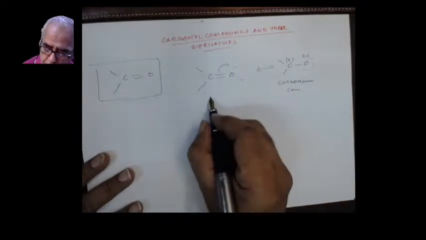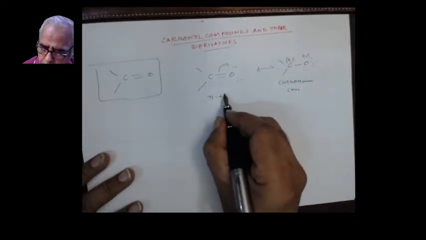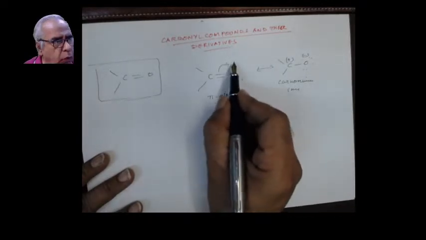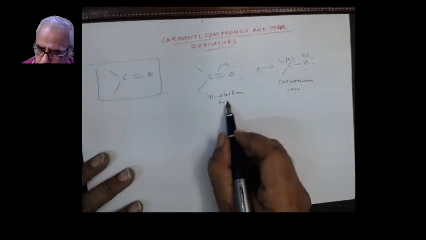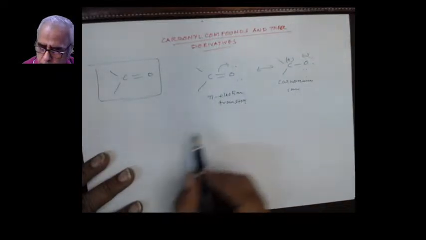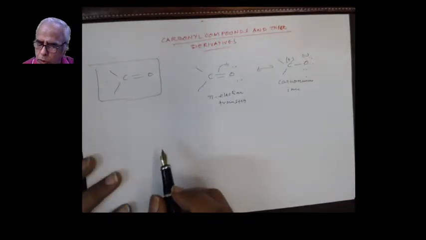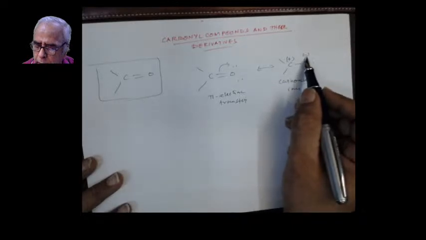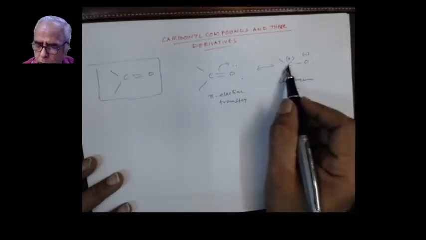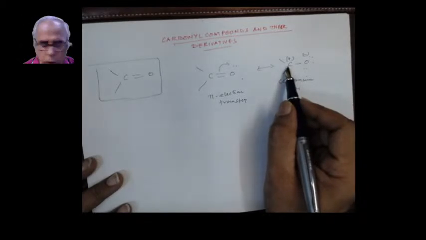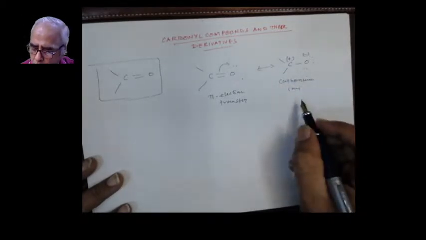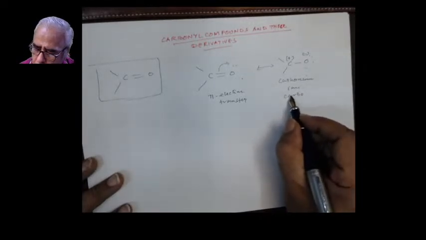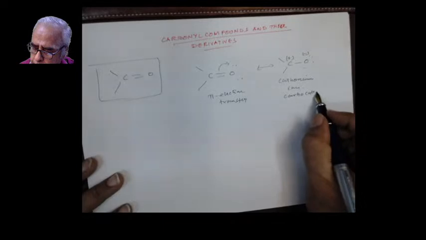It's called pi electron transfer because the transfer takes place from the pi bond. So the two lone pairs now become three lone pairs, and oxygen has gained one electron, so it becomes minus. Carbon has lost one electron, so it becomes plus. So carbonium ions are also called carbocation.